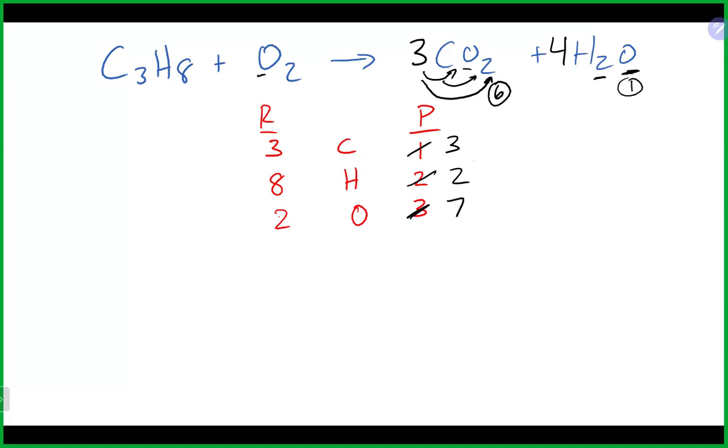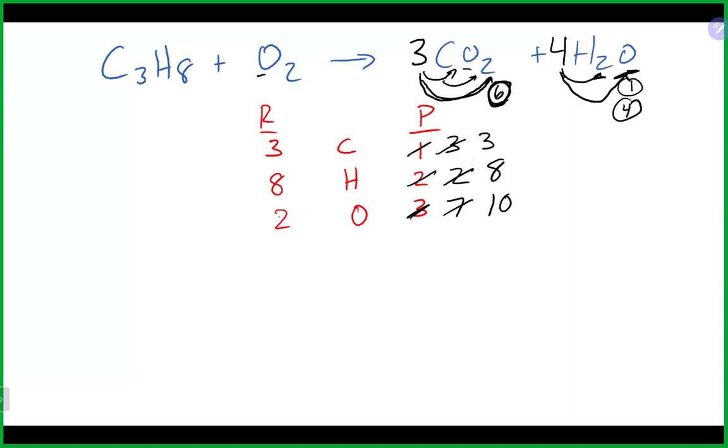Now, we didn't do anything on the left, but the right-hand side here still has 3 carbons. Hydrogen now has 4 times 2, which is 8. And now in terms of oxygen, we still have 3 times 2, which is 6. But now we have 4 times 1, which is 4. And that now becomes 10 when we add it together.